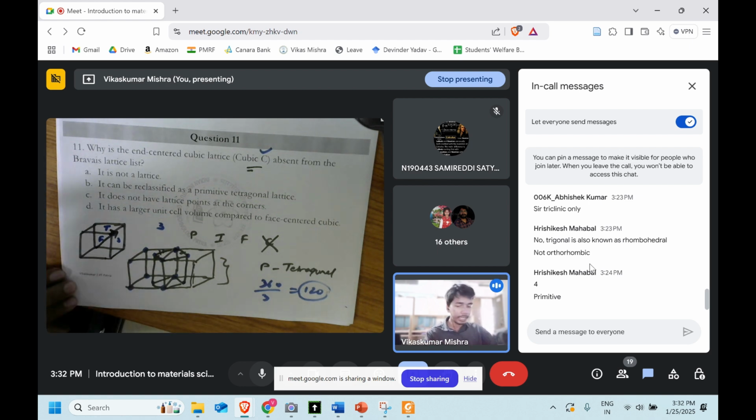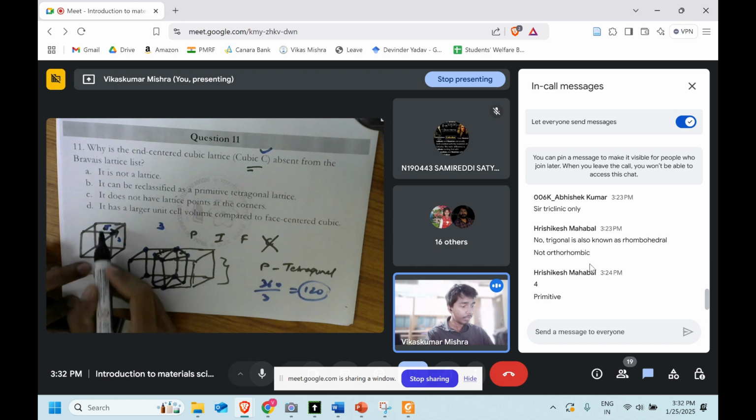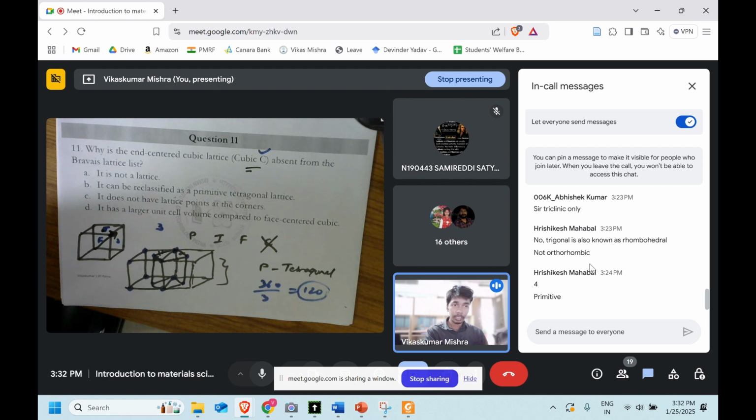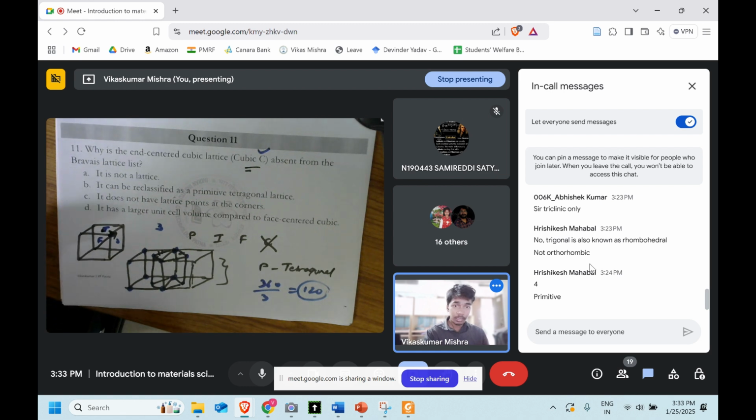Now consider that we have the end centered over here. So what will happen if I rotate by 120? This top face atom will come to the front face. I am telling the atom, it's the lattice point. So the top face lattice point will come to the front face, and now the entire thing has changed because nothing was there at the front face.